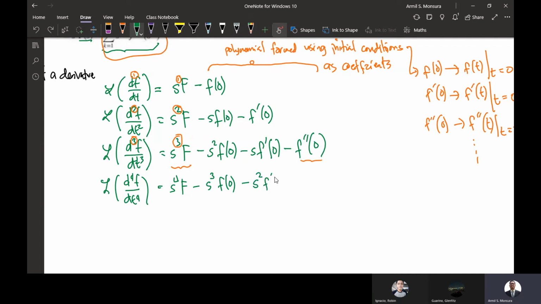Sorry, s times f prime of 0. Minus s times f double prime of 0. Wait, the last term is minus f triple prime of 0. Again, the last term, third derivative, is one order lower than the order of the derivative sa given.